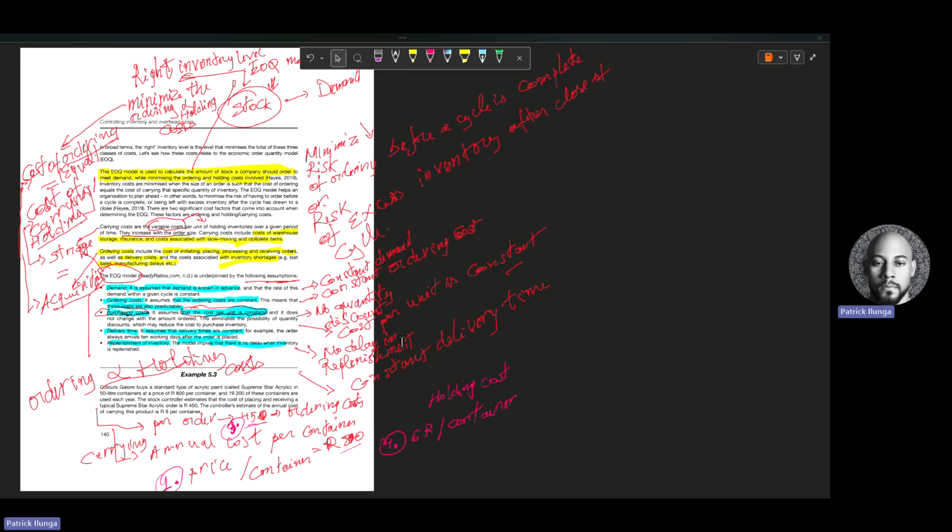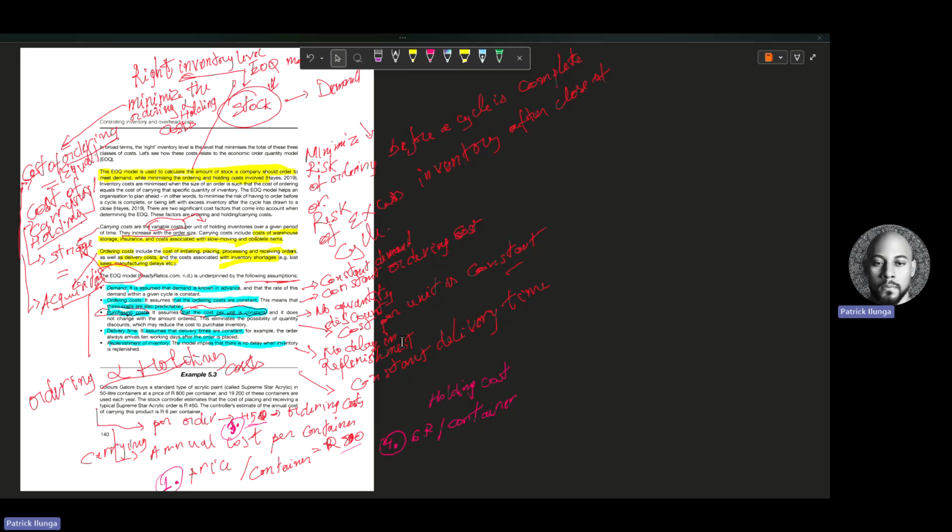So when you're writing a question on the EOQ, you should assume that the ordering cost will be constant. The purchasing cost, or the cost per unit, is also assumed to be constant.